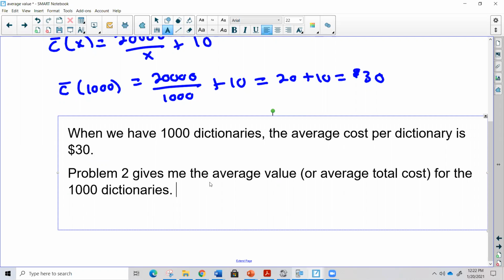So problem 2 gives me average value, or kind of the average total cost for the 1,000 dictionaries. That's the difference.